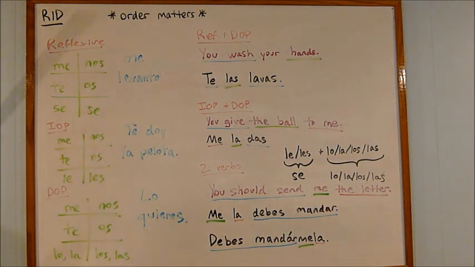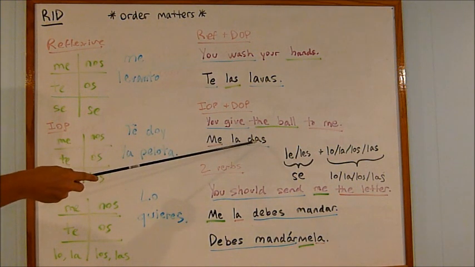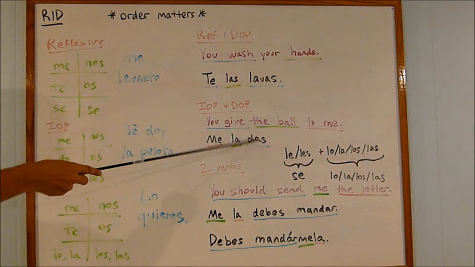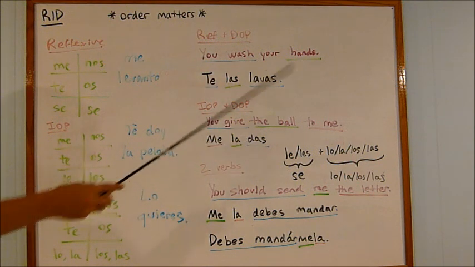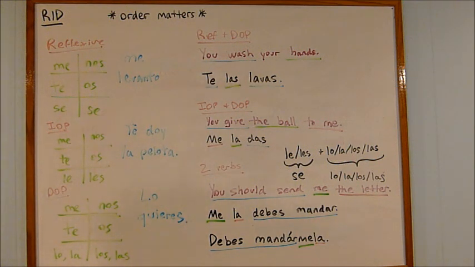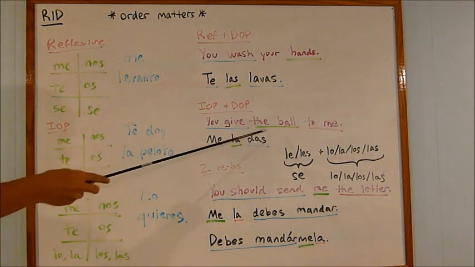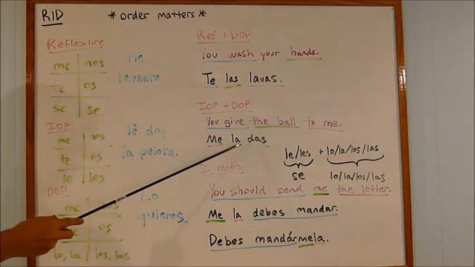You can also use an indirect object pronoun and a DOP in the same sentence. So if I say you give the ball to me, you give is the verb, das. The ball is the direct object because the ball is being given, and the ball is la pelota, so you have la.